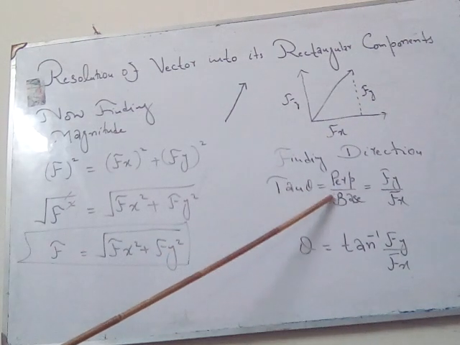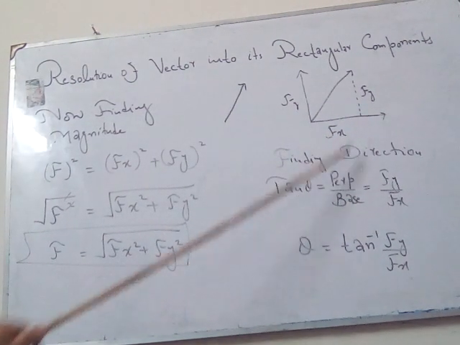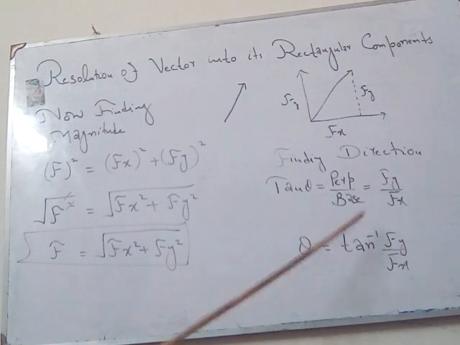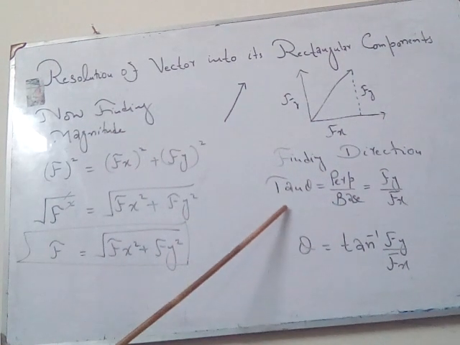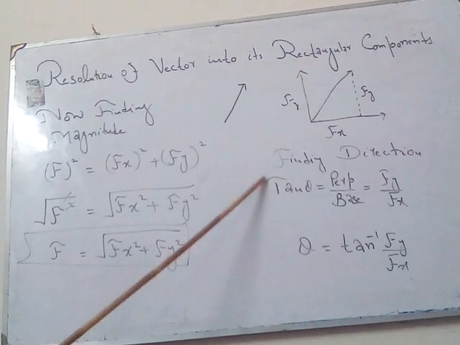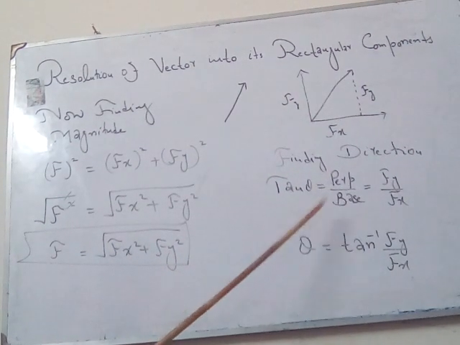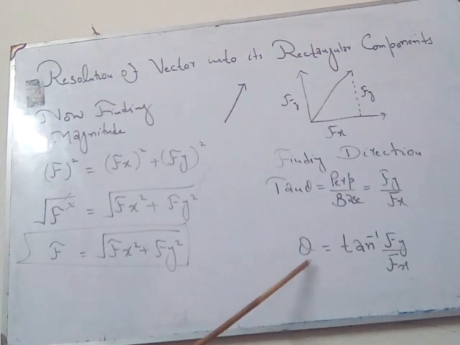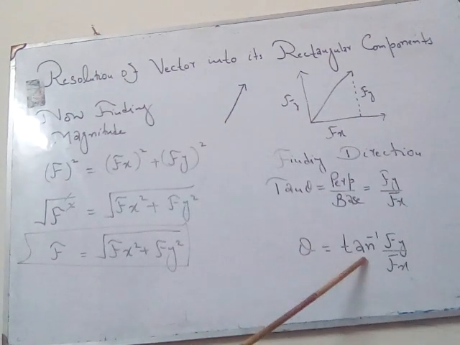Putting the values in this equation, we get Fy divided by Fx. We need to find theta, the direction, so the equation tangent theta is equal to Fy divided by Fx becomes theta is equal to tangent inverse of Fy divided by Fx.